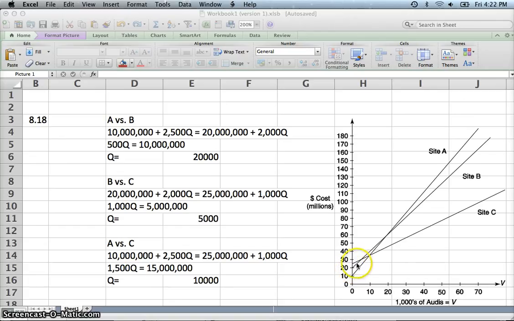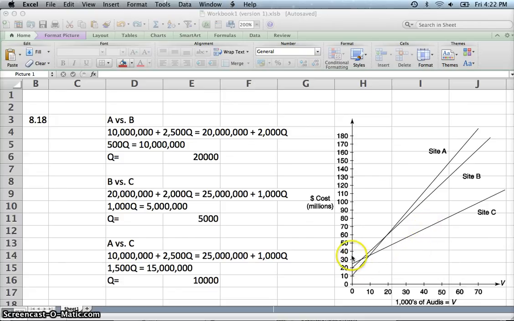Instead of crossing early, it would cross much later out here. For a period of time it would cross A, and then later on it would cross C, and then C would be the best, and in between those two points B would be the best.